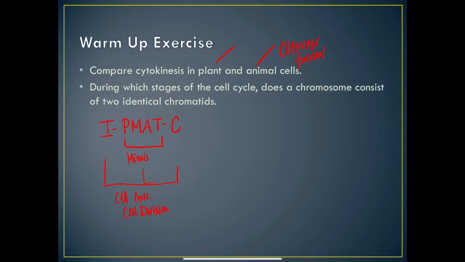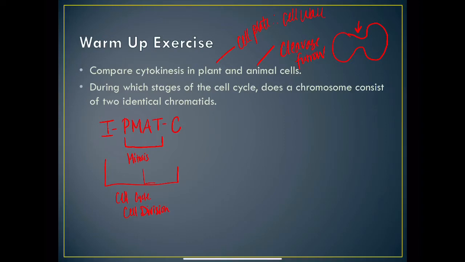Okay, and that's where the cytoplasm kind of like pinches in, right here. And that's referred to as the cleavage furrow. In a plant cell, you have a cell plate. And that's important because it goes on to form the cell wall.